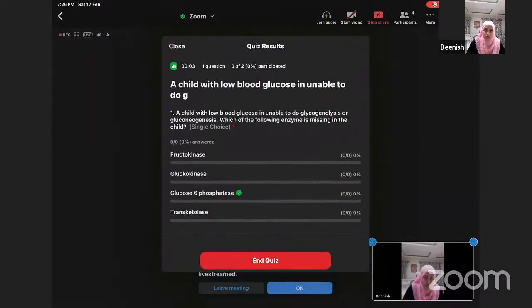Okay, the next question. So obviously it will be the enzyme which is common to both the cycles.